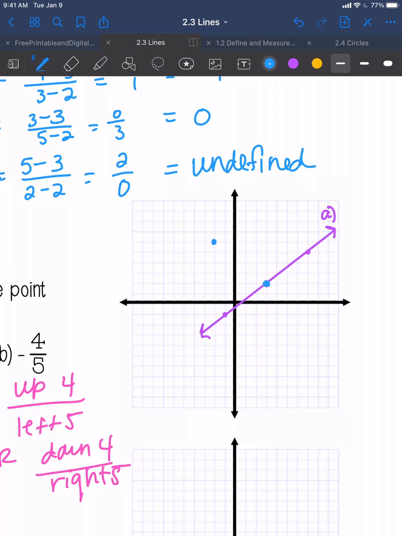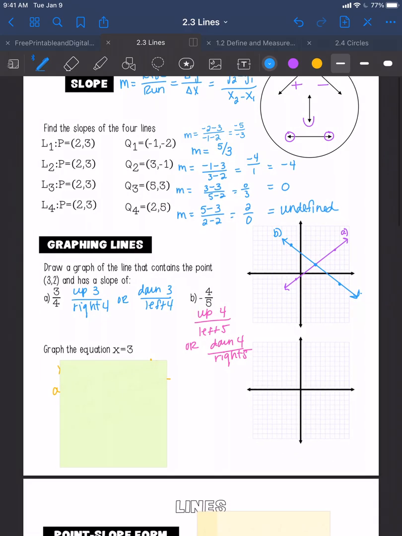Or that's the same thing as going down 4, right 5. And there you have your graphs.